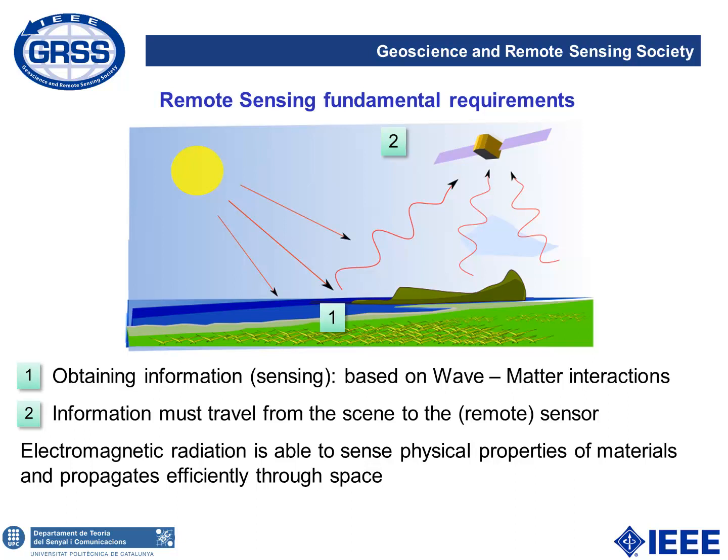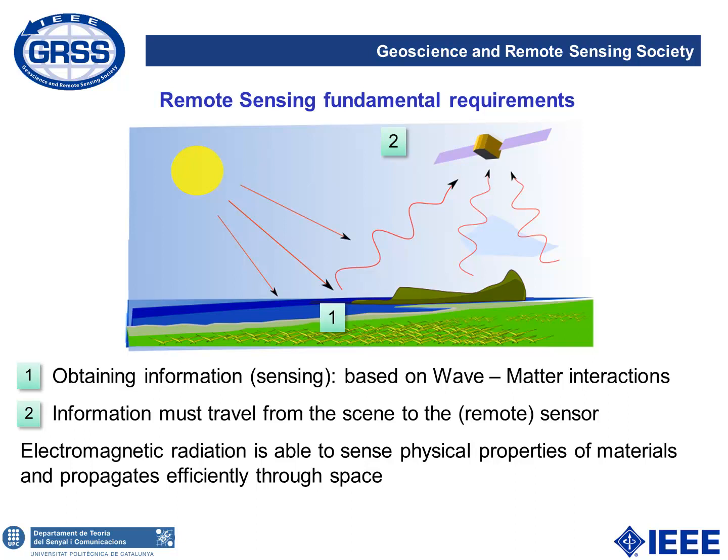First, we have to obtain information, and this is based on the wave-matter interaction, scattering and reflection taking place on the surface. But secondly, and very important, this information must travel from the scene to the remote sensor, normally a satellite, which can be hundreds of thousands of kilometers away.